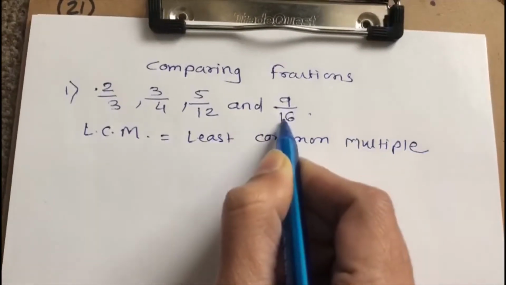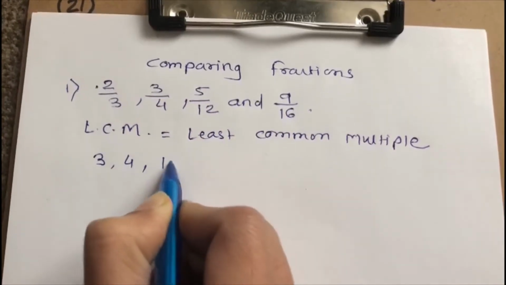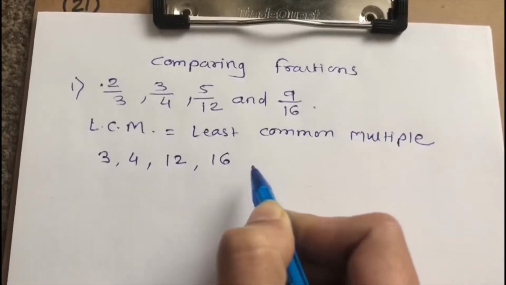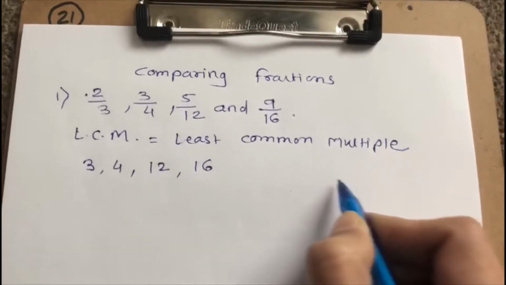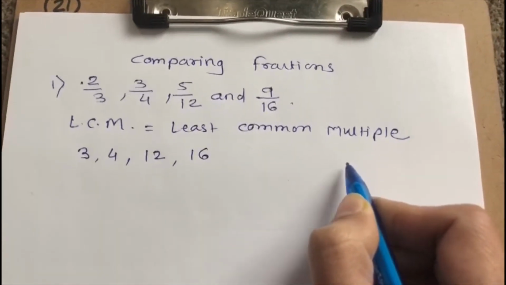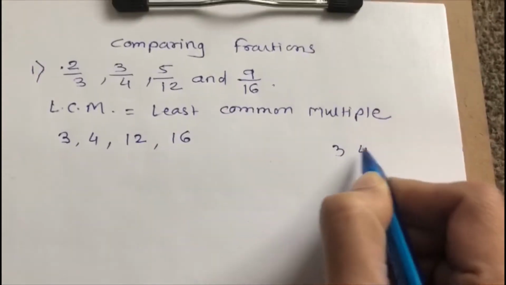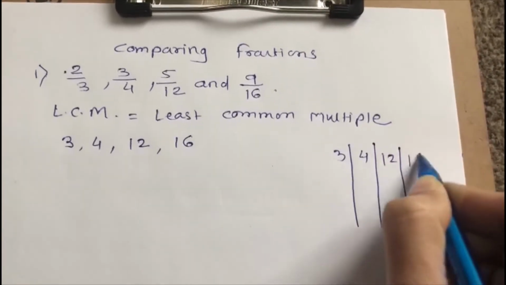So in this example, the denominators are 3, 4, 12 and 16. So what is the LCM of these 3, 4, 12 and 16? First we will find out the LCM. So I write here 3, 4, 12 and 16.